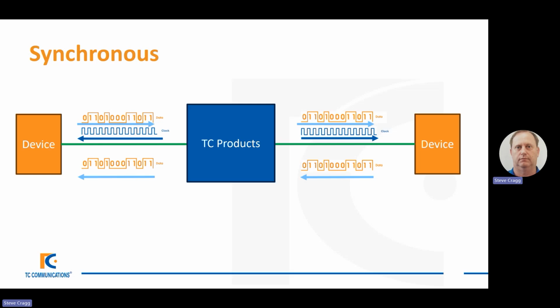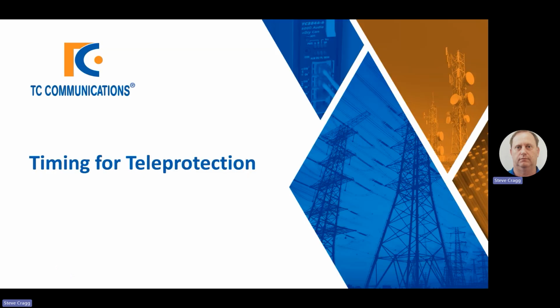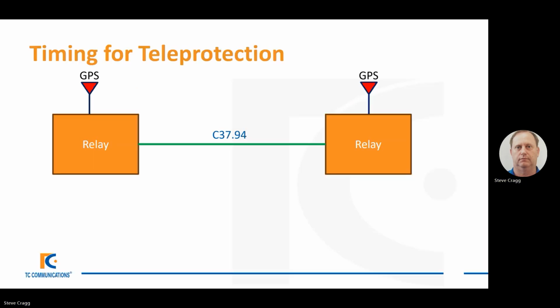There is one interesting subset, a frequent question we get asked, and that is timing for teleprotection, particularly when we're using our products for C37.94, and we will explain how that works. With timing for teleprotection, we use teleprotection relays. They need to have a good real-time clock. In this case, we are not talking about the clock that we were showing in the synchronous communication.